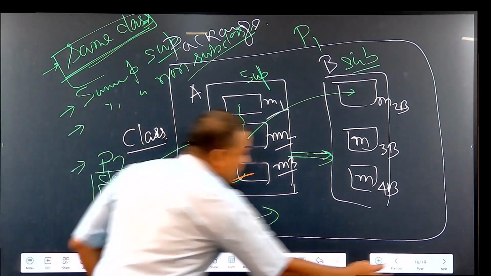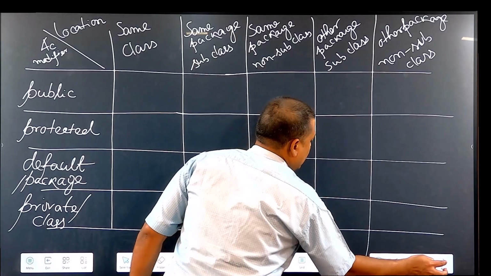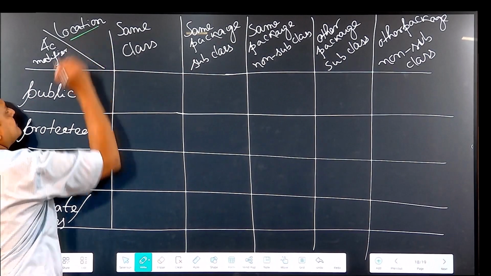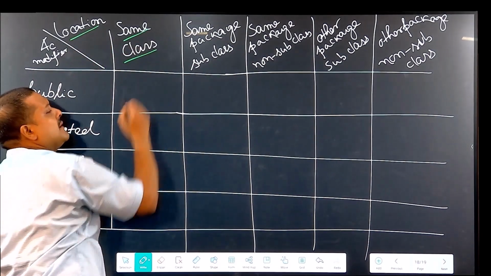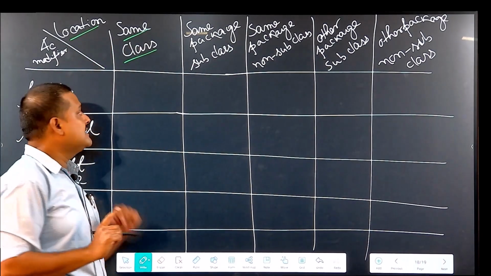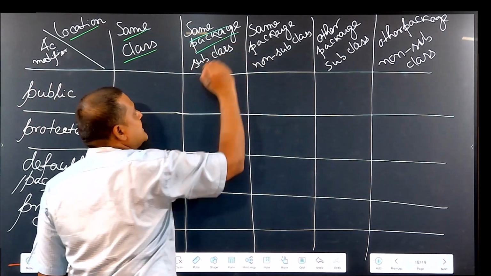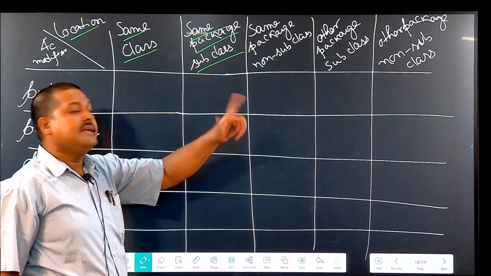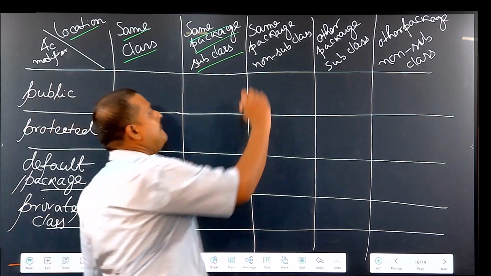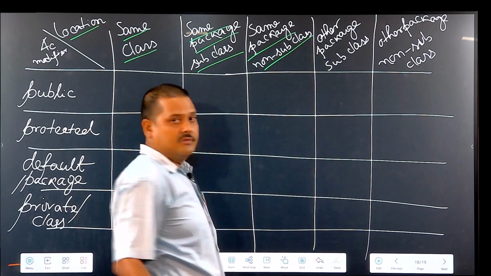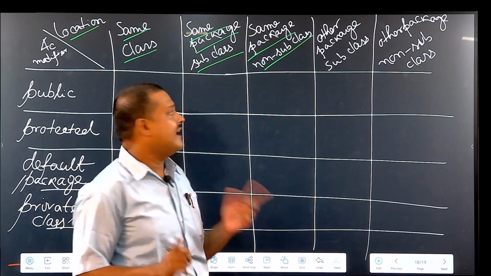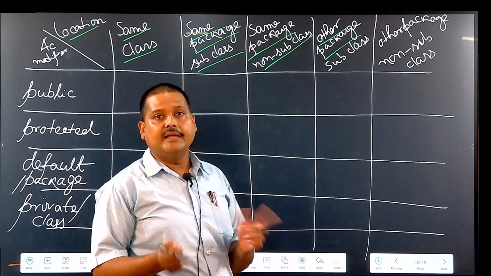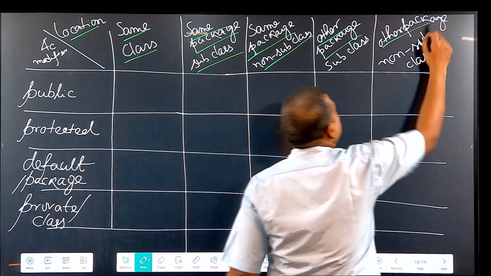So if we create a table, look here, these are the locations: same class, same package subclass, same package non subclass, other package subclass, and other package non subclass.